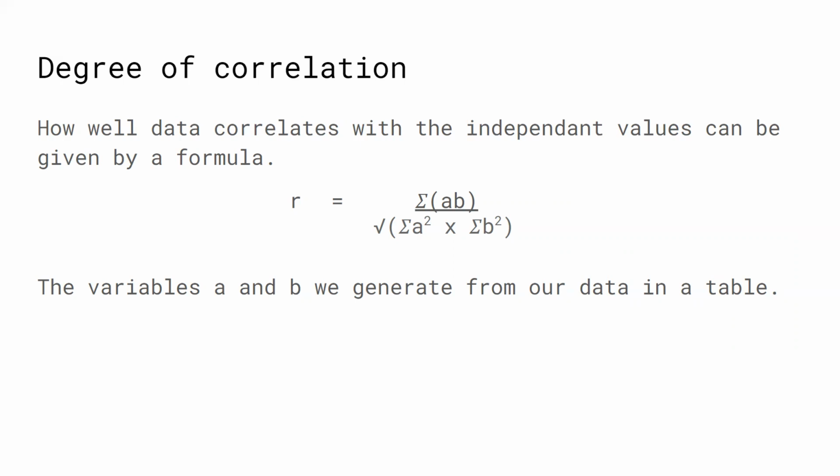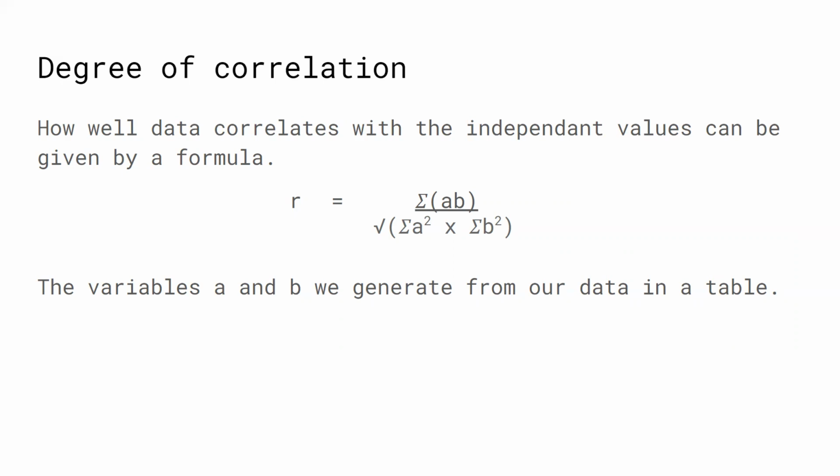Now, these new variables A and B will be generated from our table and from the data that we put into it. They don't have any values set to them right now. They could be any letter we want. So if we're looking at a little x and a little y, you could also set these variables to be a capital X and a capital Y. It's completely arbitrary what values we set these to.